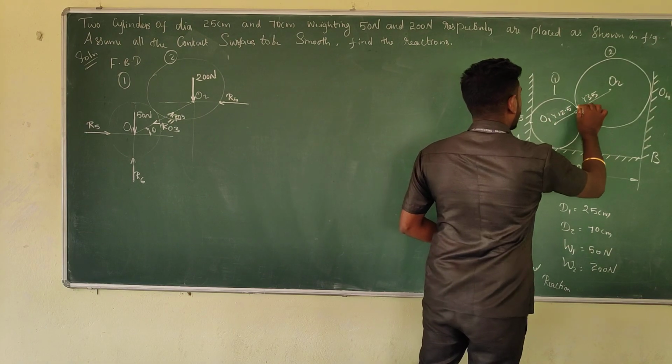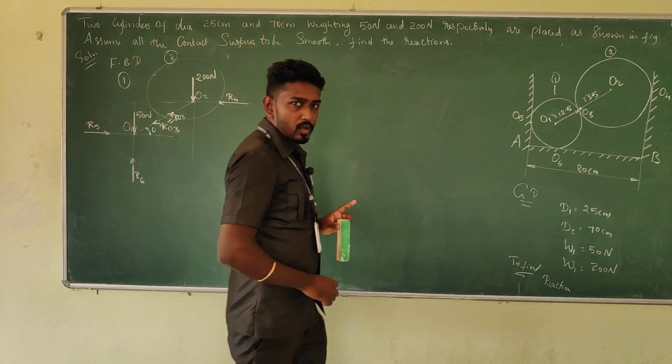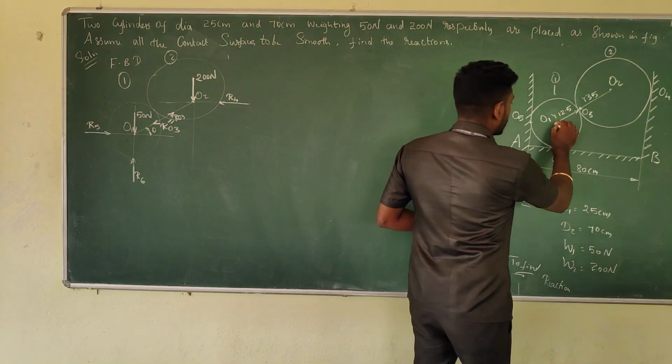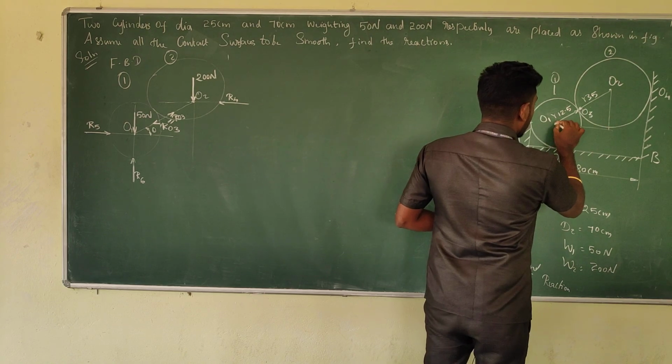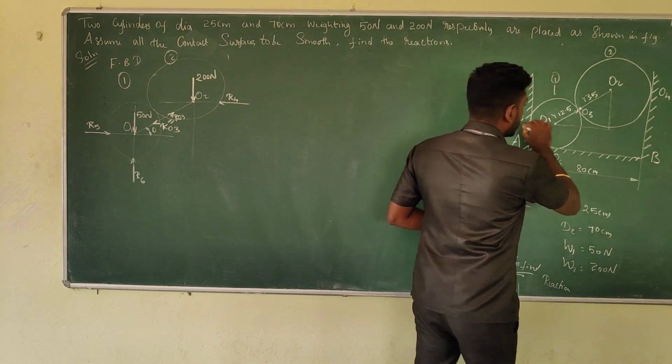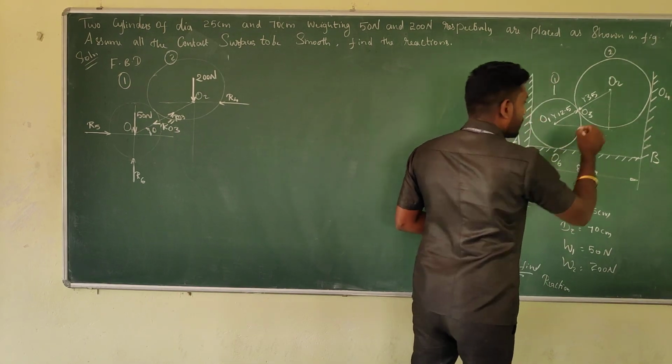In order to find the theta value, I am going to take a right angle triangle here. For that, from the center of the first cylinder, draw a horizontal line. From the center O2, draw a vertical line.